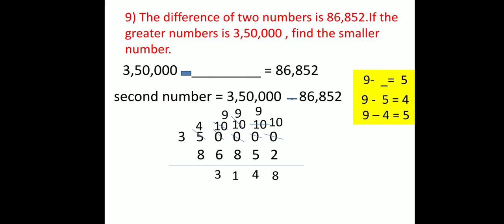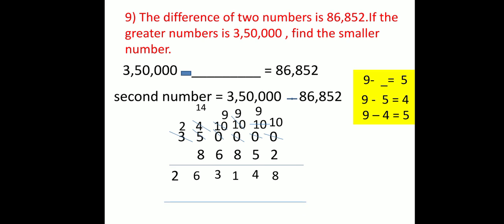And then 4 minus 8. Is it possible? No. Then borrow from 3. Then 3 becomes 2 and 4 becomes 14. Now 14 minus 8 equal to 6.